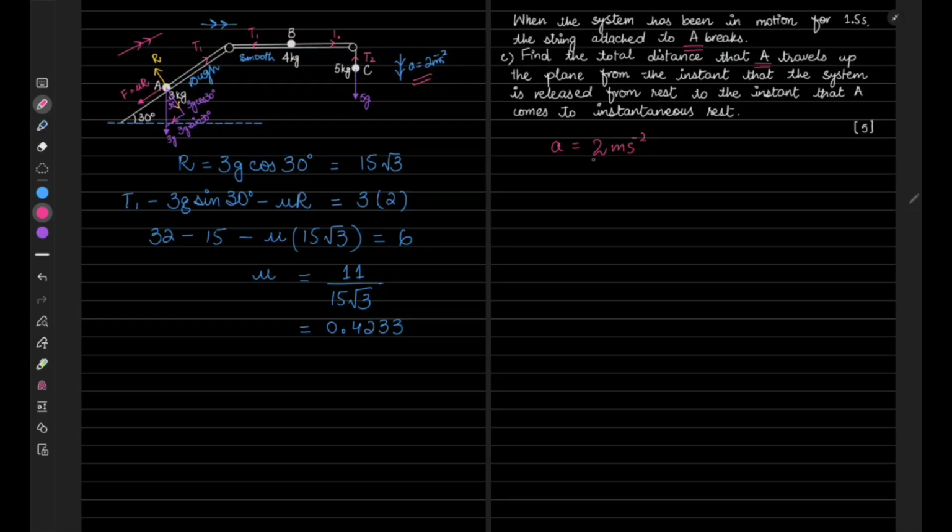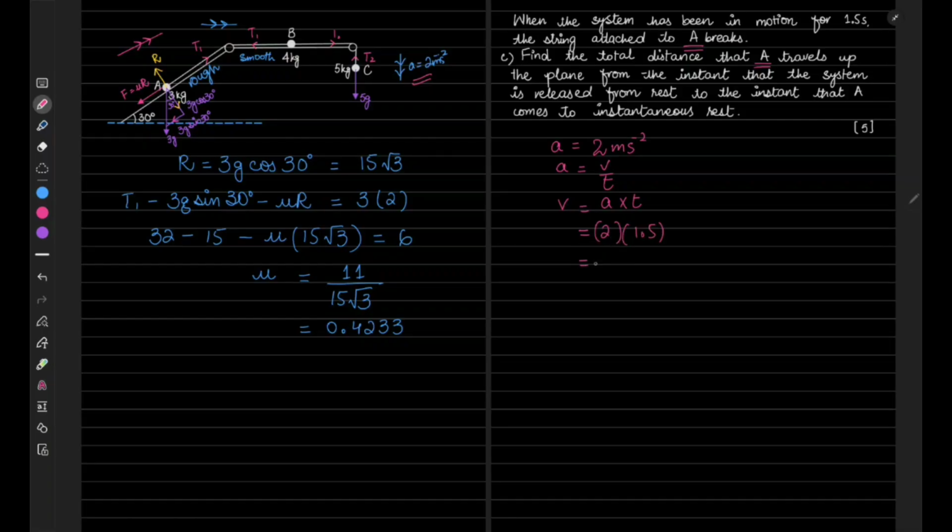As there was a constant acceleration, we can use acceleration equals to velocity divided by time. So from here we can find the velocity to be a times t, 2 times 1.5.